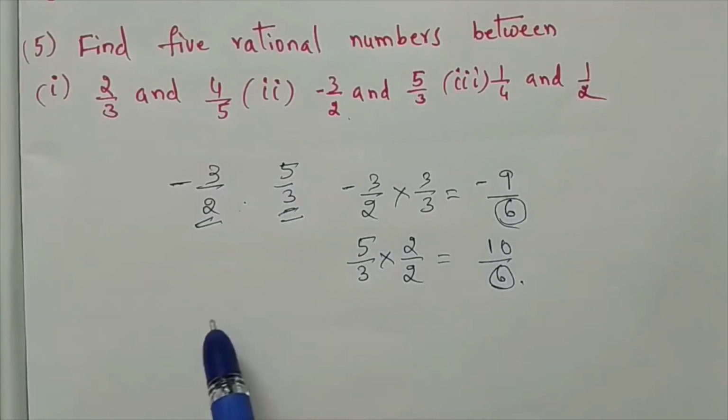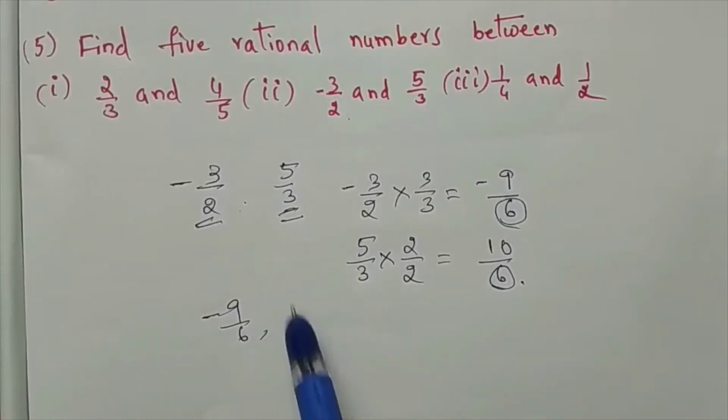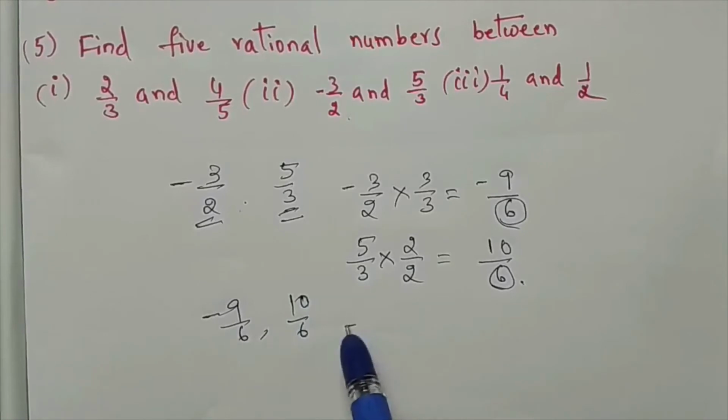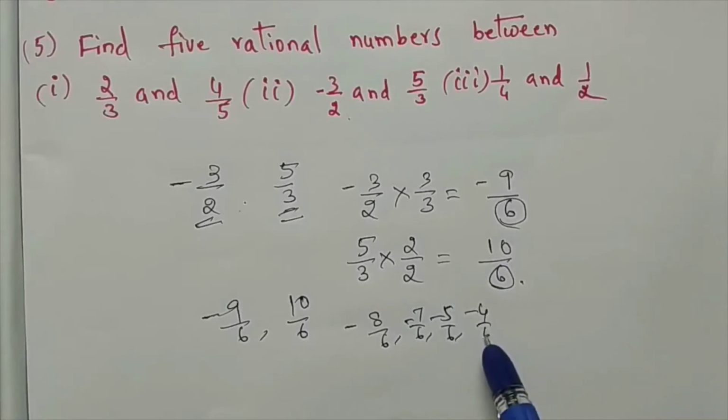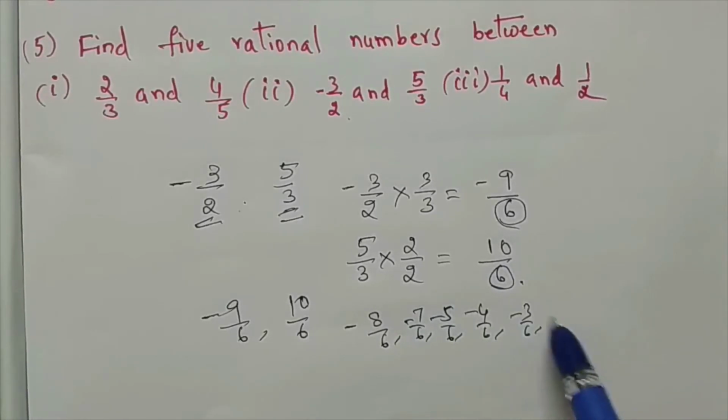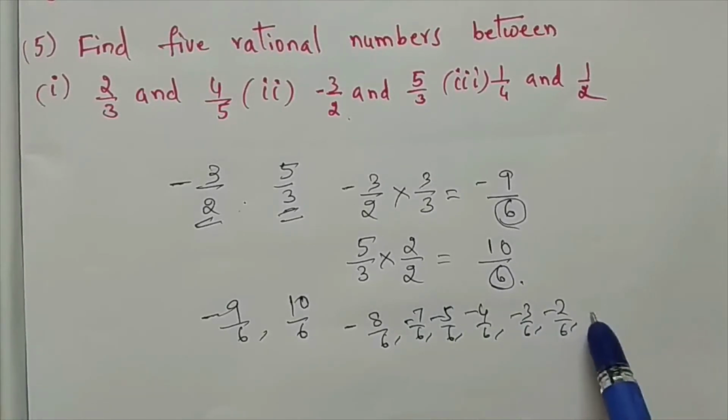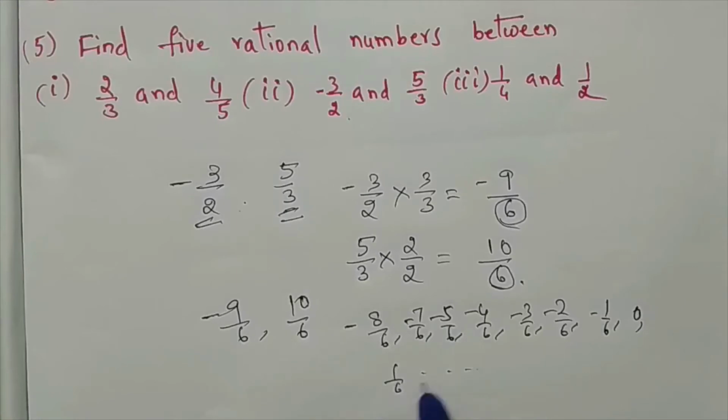Okay, now we can write down rational numbers between minus 9 by 6 and 10 by 6. They are minus 8 by 6, minus 7 by 6, minus 6 by 6, minus 5 by 6, minus 4 by 6, minus 3 by 6, minus 2 by 6, minus 1 by 6, 0, and so on, 1 by 6, 2 by 6, and so on to 9 by 6.